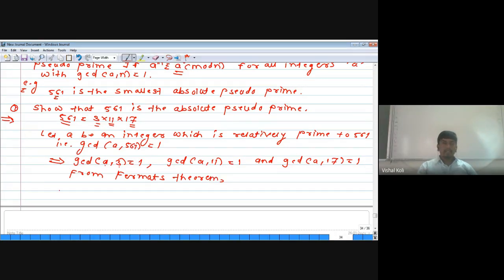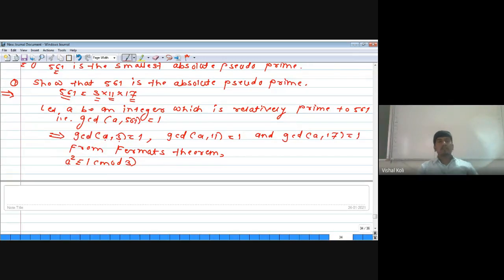Here a to the power 3 minus 1, which is 2, a square is congruent to 1 modulo 3. Now we have to make this a square as a to the power 560. Then we have to multiply 2 by 560. We have to make that 2.